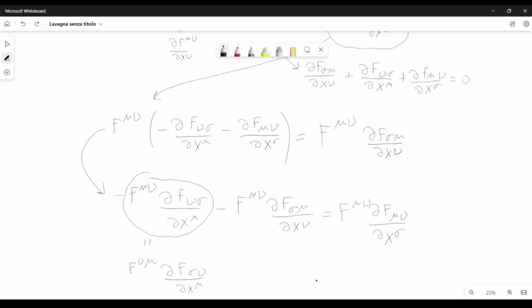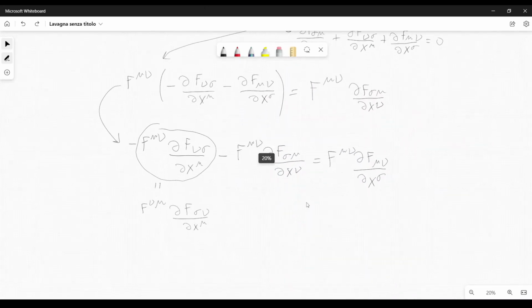Therefore, from here we find simply that f mu nu derivative of f sigma mu with respect to x nu is equal to minus 1/2 f mu nu with upper indices derivative of f mu nu with respect to x sigma.